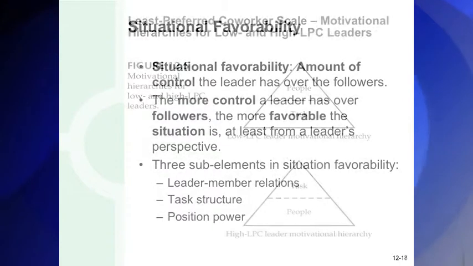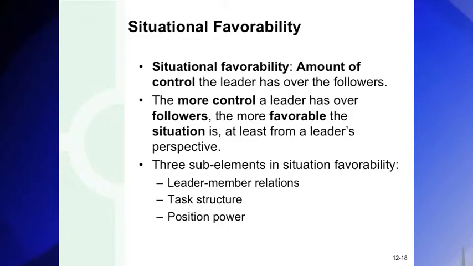Situational favorability is the amount of control the leader has over the followers, and the more control a leader has over followers, the more favorable the situation is, at least from a leader's perspective. This chapter also goes into leader-member relations, task structure, and position power.